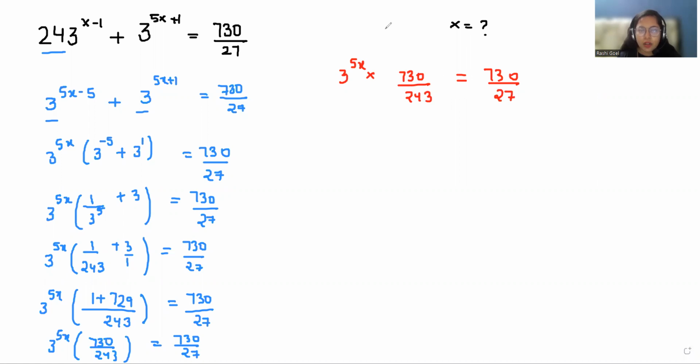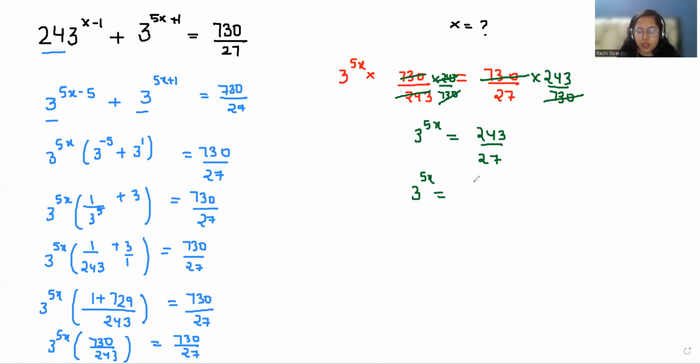If I multiply both sides by 243/730, we can eliminate this. So 3^(5x) is equals to 243/27.